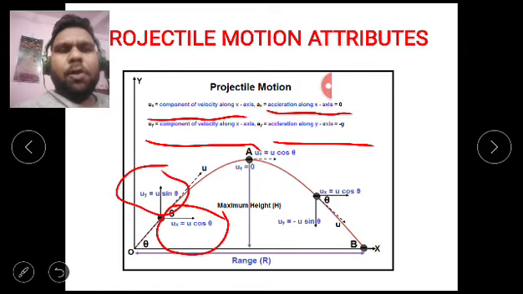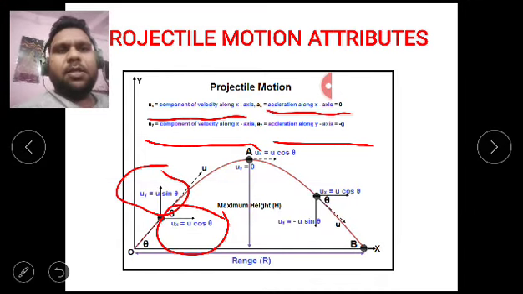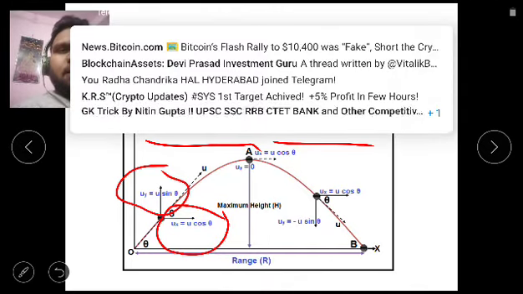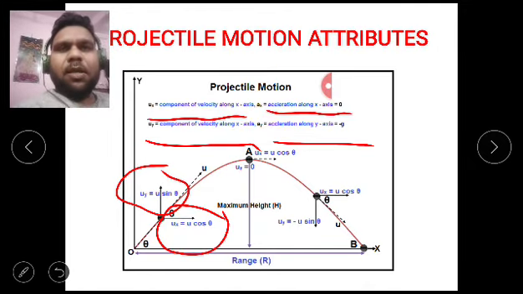Now we will discuss other terminologies. What is the time of flight? Time of flight of a projectile means the total time taken by the projectile from its projection to the point when the projectile reaches the lowest point in its trajectory.